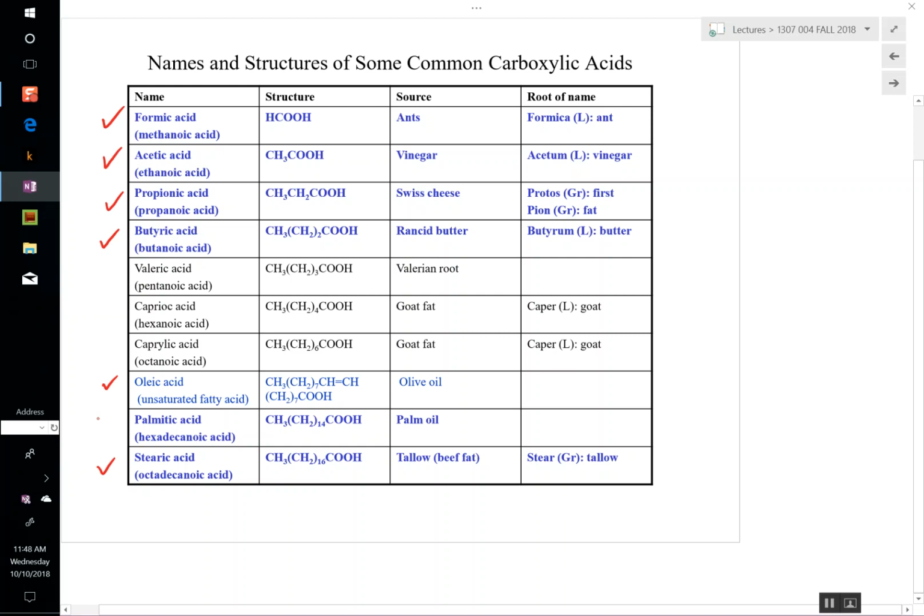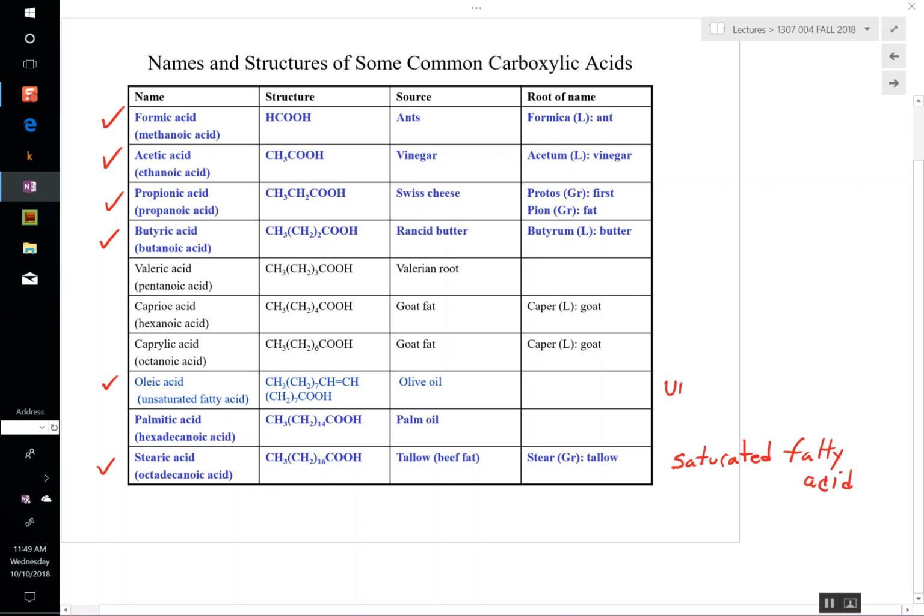I don't typically have you learn palmitic acid. I do want you to learn oleic and stearic. Stearic is a saturated fatty acid. We will come back to stearic and oleic in chapter 17.